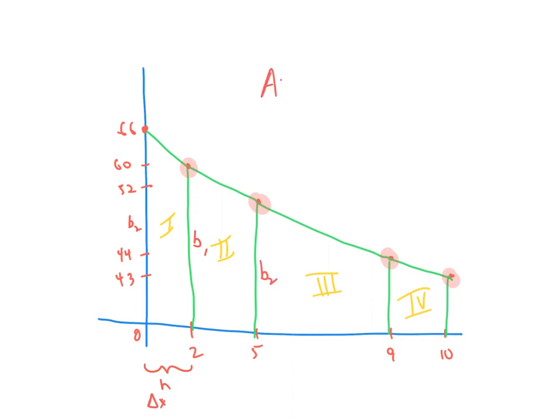And a quick refresher here, I'm sure you know this, but just in case, area of a trapezoid is 1/2 H times B1 plus B2. You'll also know that each of these shares a side, so 1 and 2 share the side at 2, 2 and 3 share the side at 5, 3 and 4 share the side at 9, 10 and 0 are not shared. Calculate the area of each of those.